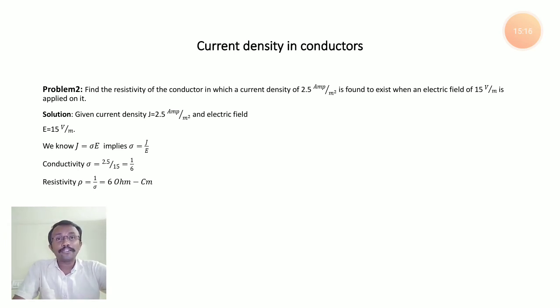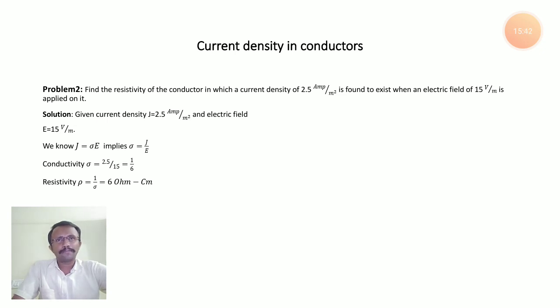But they are asking you to calculate the resistivity. So before finding resistivity, first we have to calculate conductivity by using sigma is equal to J by E. Here J is equal to 2.5 amperes per meter square and E is equal to 15 volts per meter. When you put these in, sigma becomes 2.5 divided by 15, that is nothing but 25 by 150.